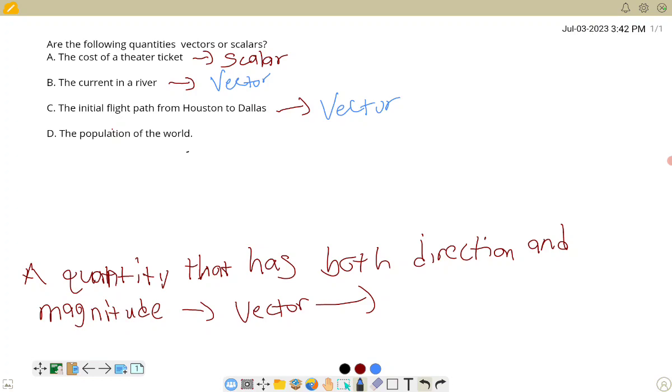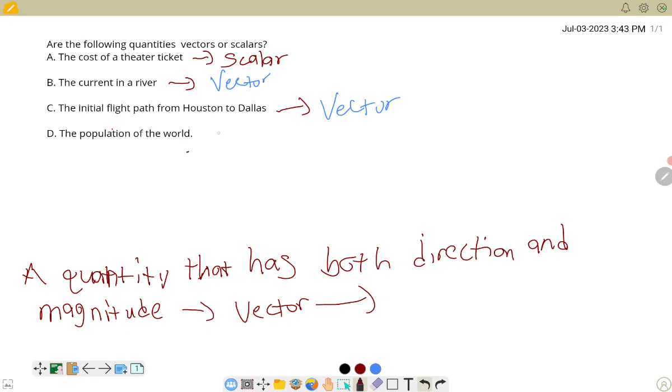If you just flew willy-nilly, you might not ever land in Dallas, right? I guess if you could fly forever, maybe, but obviously a plane can only fly a limited distance. So if you just randomly chose a direction, you're not going to get to Dallas. So this is definitely a quantity that has a direction to it, because we need to direct ourselves towards Dallas in this case.